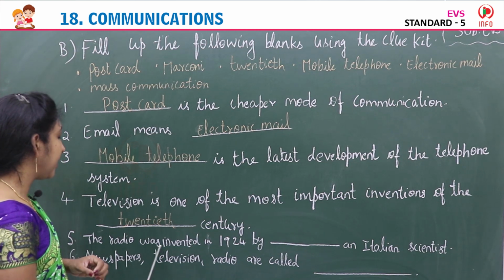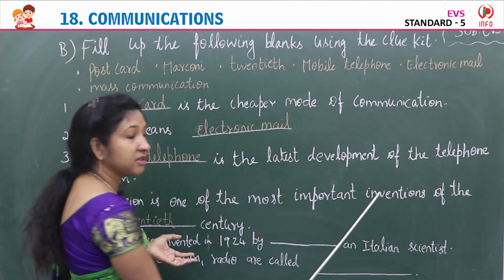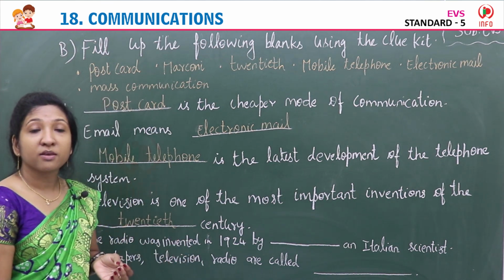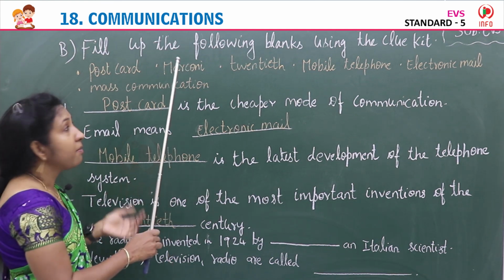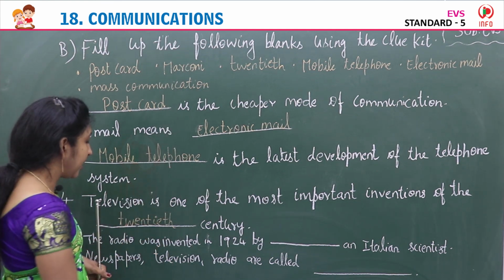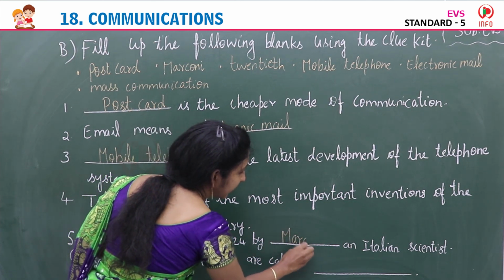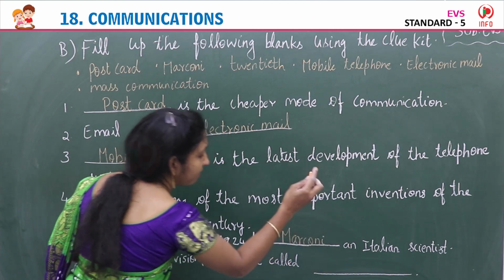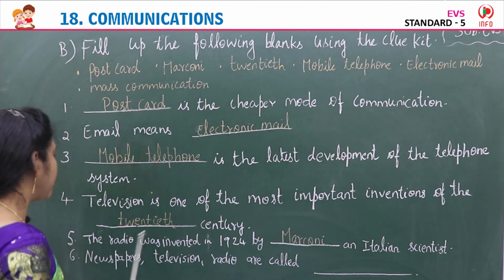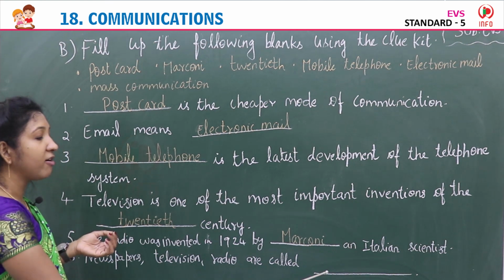Now, fifth question, the radio was invented in 1924 by dash, an Italian scientist. Who invented radio? Which scientist invented radio? Yes, Marconi. So radio was invented in 1924 by the scientist, an Italian scientist, Marconi.